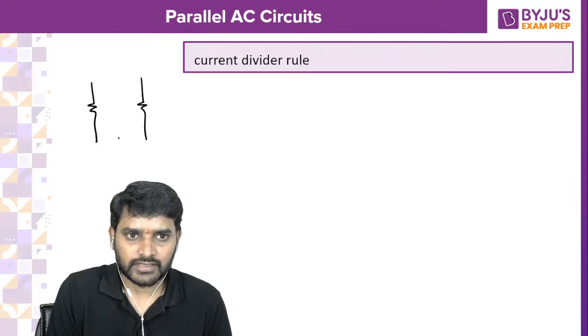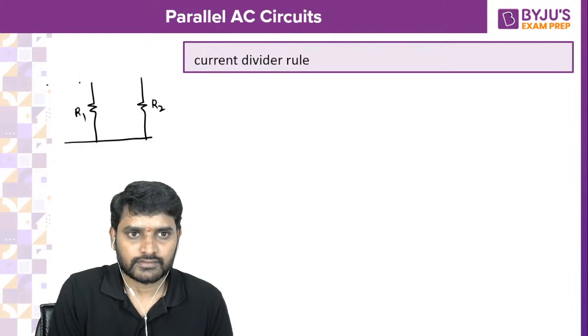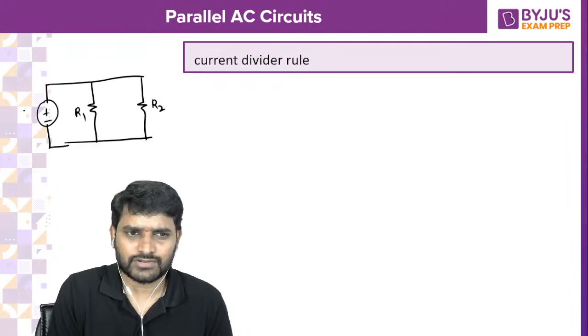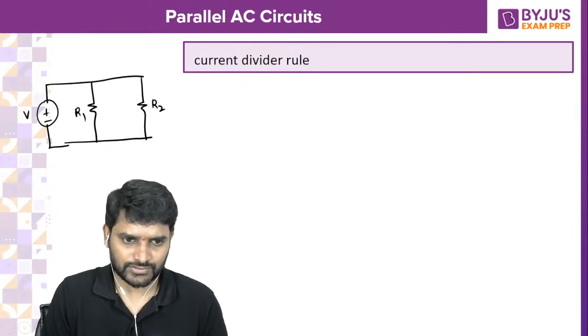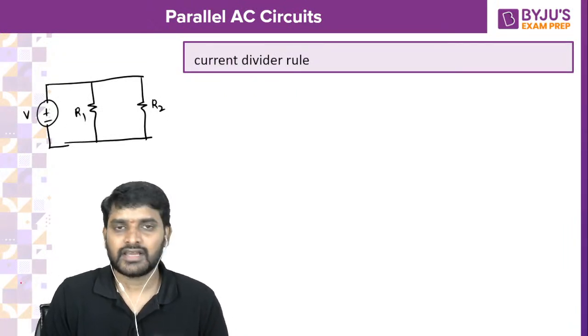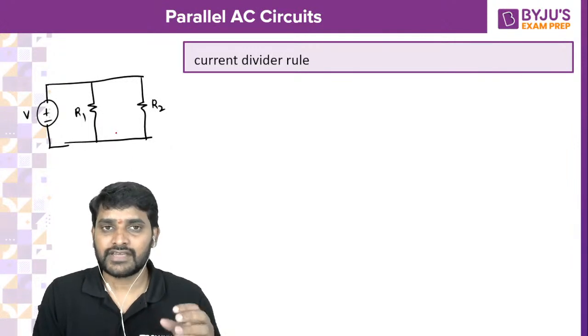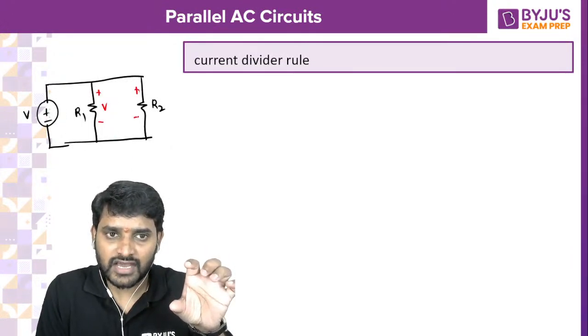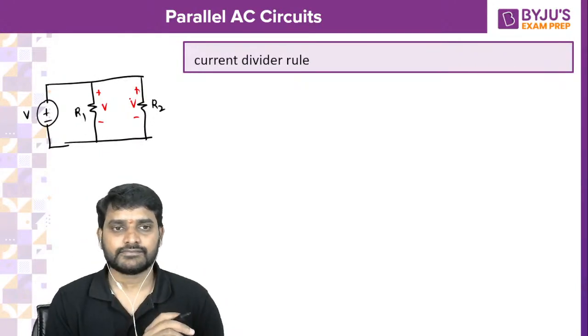R1, R2. If I take up some small DC source, you can take up AC source also, no issues. In the last session we concluded that voltage across R1 and voltage across R2 will be the same.